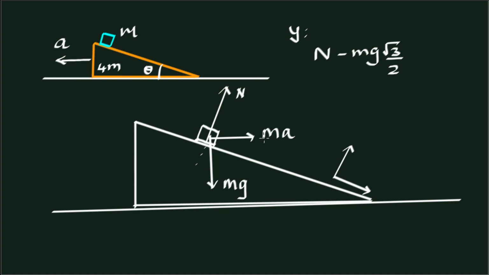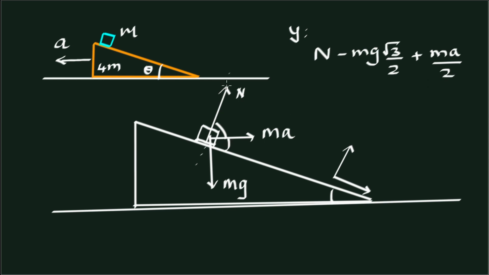And ma, you can see, has a component in the positive y direction. If this is 30 degrees, this is 30, and so that is 60. So ma cos 60, that is ma by 2.